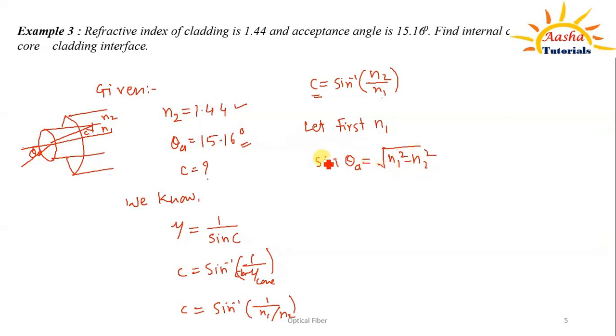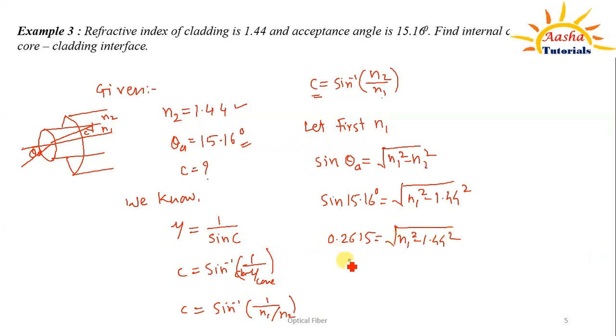Now if I put in the value, sine of 15.16 degrees is equal to root of n1 square minus n2, which is 1.44, square. The value of sine of 15.16 degrees is 0.2615, which is equal to root of n1 square minus 1.44 square. Now we can take square on both sides.